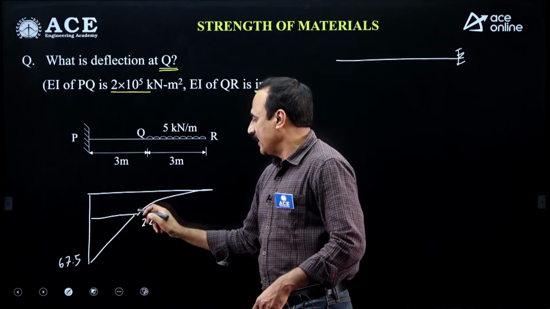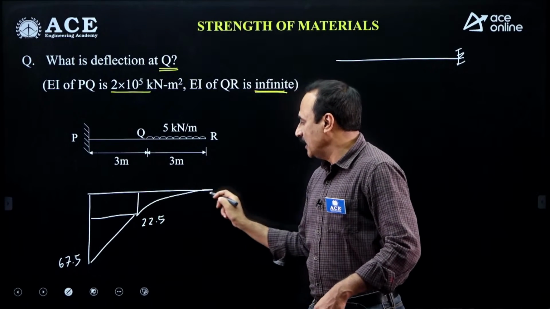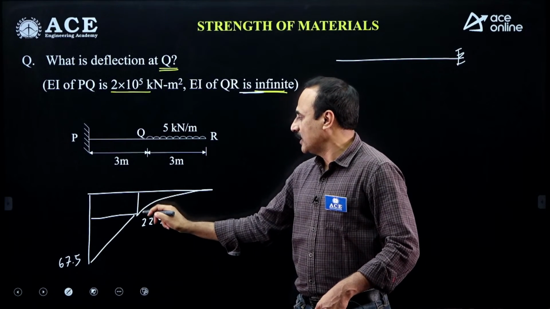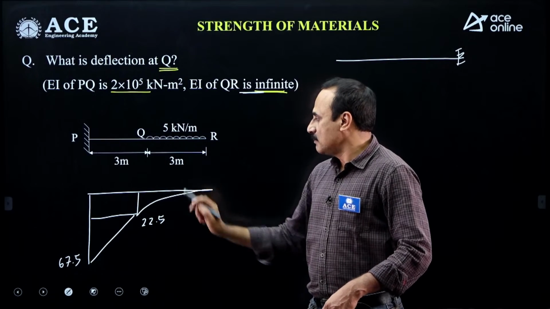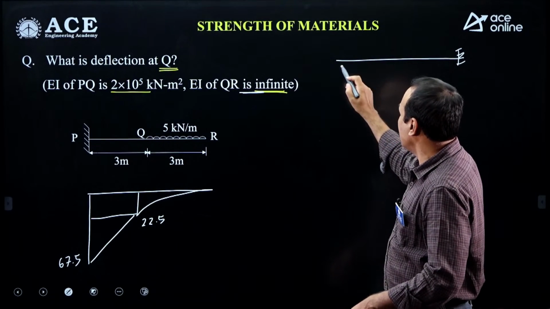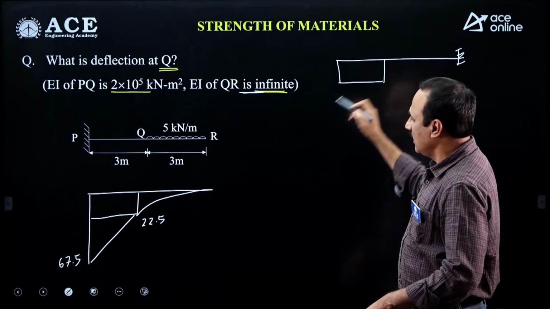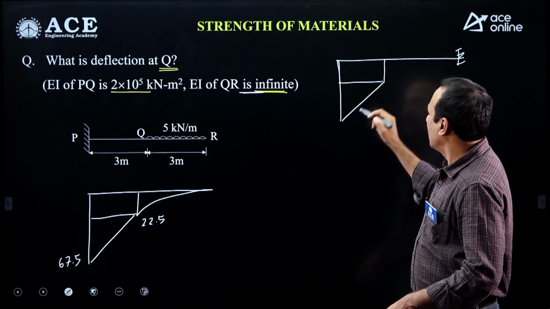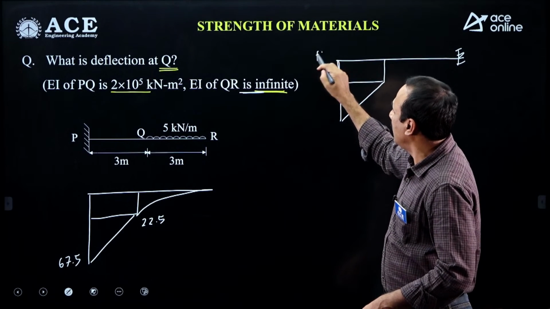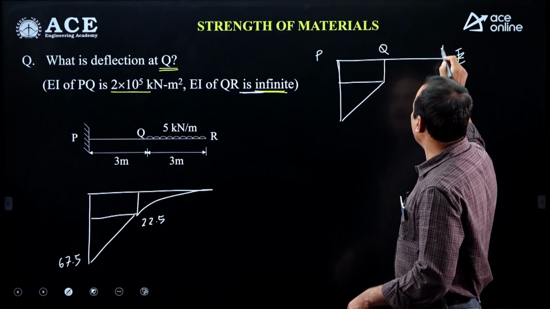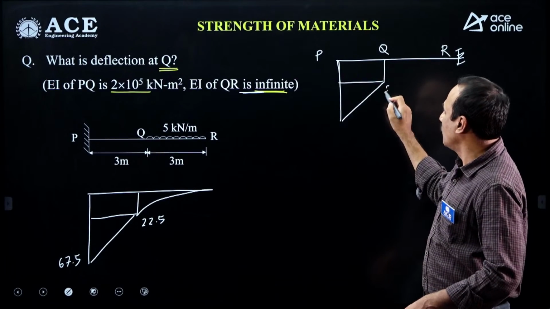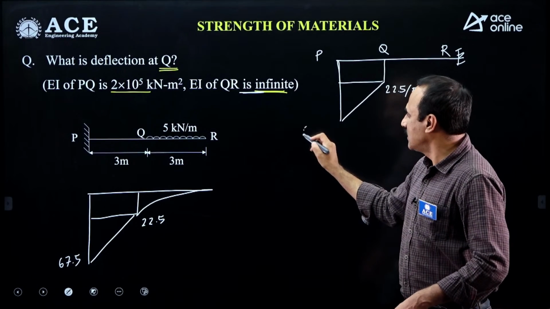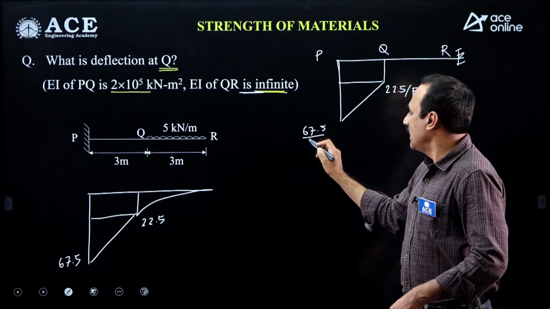So you need to divide by EI. In the zone where EI is infinity, if you divide by infinity, the M by EI diagram disappears. Here you have a rectangle and a triangle. The points are P here, Q here, and R here, and the value here is 22.5 by EI, and this is 67.5 by EI.